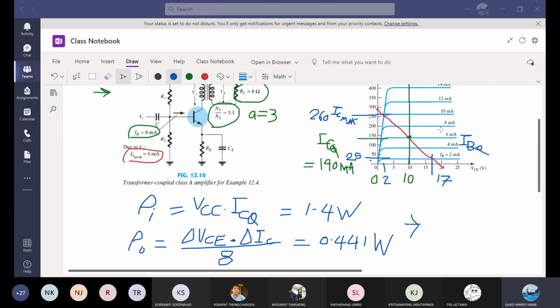VCE is 10 volt, RL prime is 72 ohm. So 10 divided by 72 is around 139 milliamp. From ICQ, if you add 139 milliamp, you also get 279 along the x-axis. That is another trick. The VCE equals VCC. So VCC divided by RL prime, there's one peak of IC.